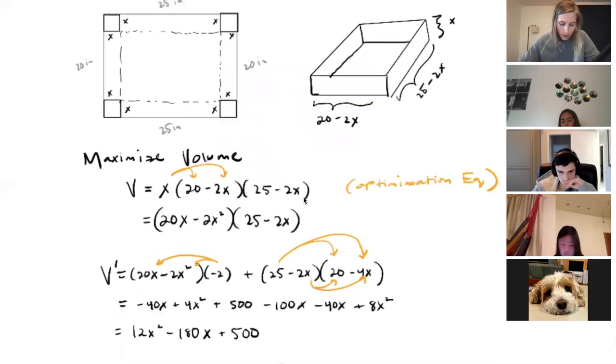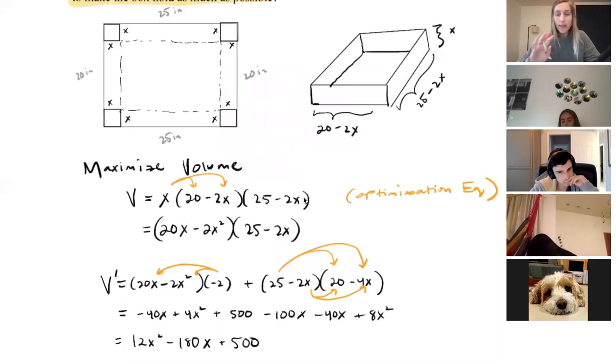So this is one of those, our optimization equation is a polynomial. When it's possible to define your optimization equation on a closed interval, you want to do that because then you can just do the table for extreme value theorem.